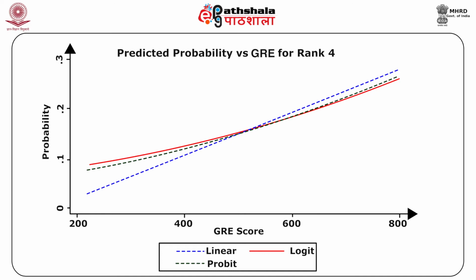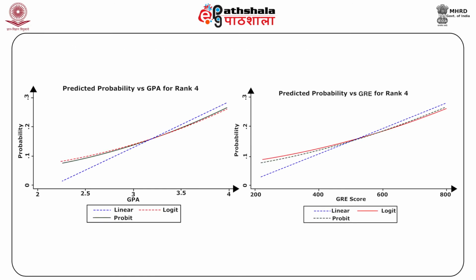So having understood all this, the above graphs 8 and 9 give the predicted probability for admission as GPA and GRE scores vary for rank 4, while other variables are kept at their mean value. This means graph 9 gives the predicted probability of admission at different values of GRE score for rank 4 and mean value of other predictors.